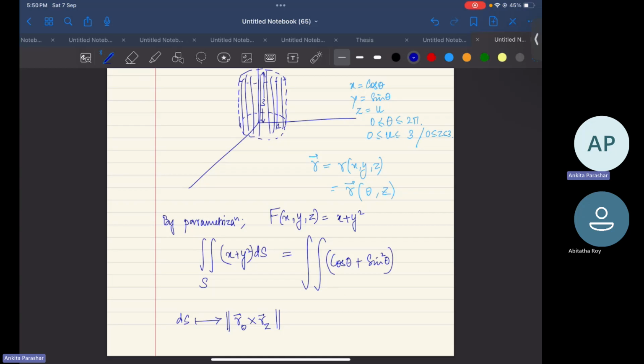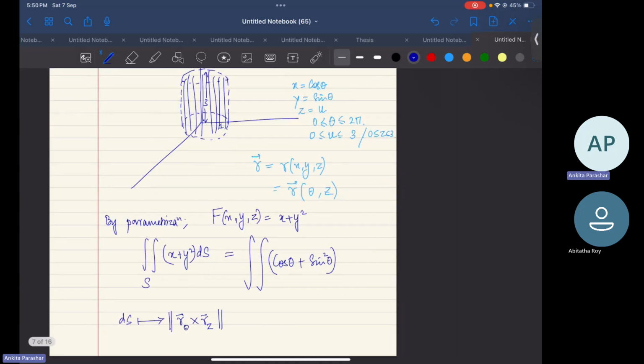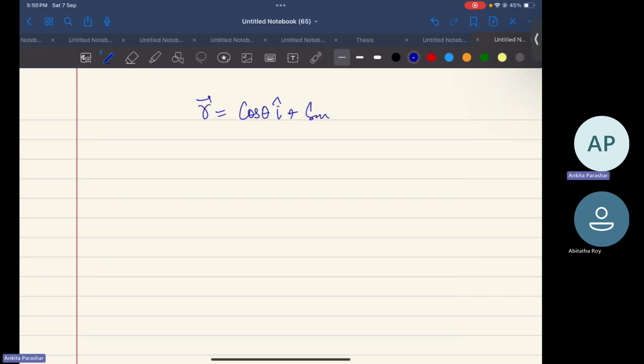If you want to see it as a parameter, you can write z equal to u so that you will not get confused. Now every coordinate x, y, and z is in terms of theta and u, or you can simply say theta and z. So now we have two parameters, theta and z, and I have to take the partial derivative with respect to theta and z. So this is my sine theta j cap plus z k cap. If I write r theta, what would that be, and what is r z?